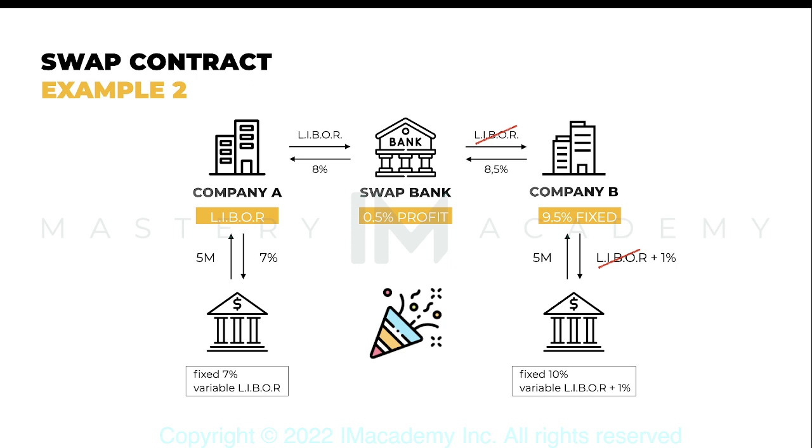So in this case, the swap bank, just by swapping a couple of contracts, made itself 0.5% interest every single year throughout years and years, and it saved 0.5% for company B, and it also saved 1% for company A, and it made sure that both companies A and B are paying the kind of rate that they wanted. Company B is paying fixed, and company A is paying LIBOR. All the swap bank did was to spot the gap and make a bit of money for itself by setting up 2 swaps with its clients.